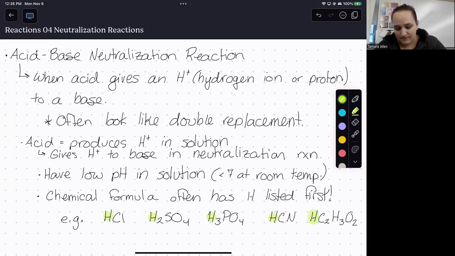So in this formula of acetic acid, the way this formula is written is telling us that this hydrogen is acidic, but these ones aren't, and that's why they're separated like that. In these other ones, we have two acidic hydrogens in this one. They're both listed out in front, meaning they're both acidic. In H3PO4, all three of them are put out in front, meaning all three of them are acidic.